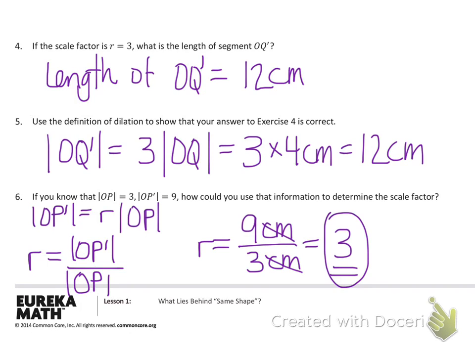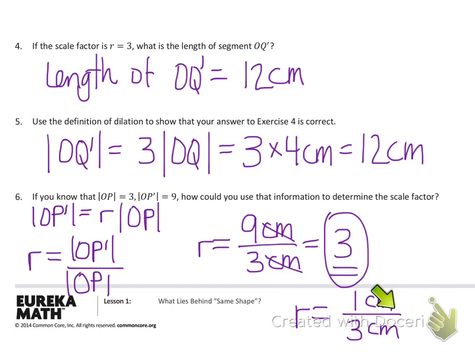Okay, and I want you to notice something too, that what if our image was shrinking? Going back to this formula for R, we solved for R. What if our dilated segment was 1 centimeter, and originally it was 3 centimeters? So that would be a situation where the image is being pulled to the center.